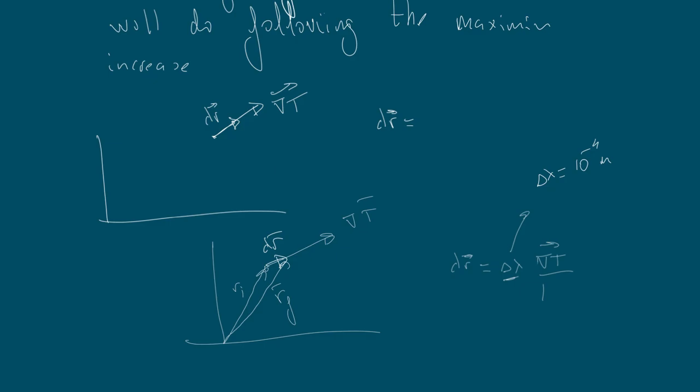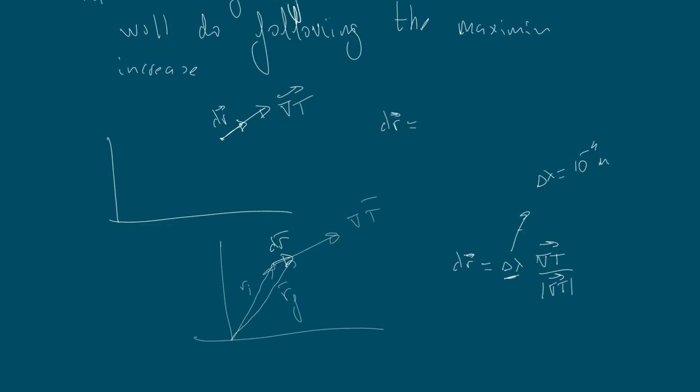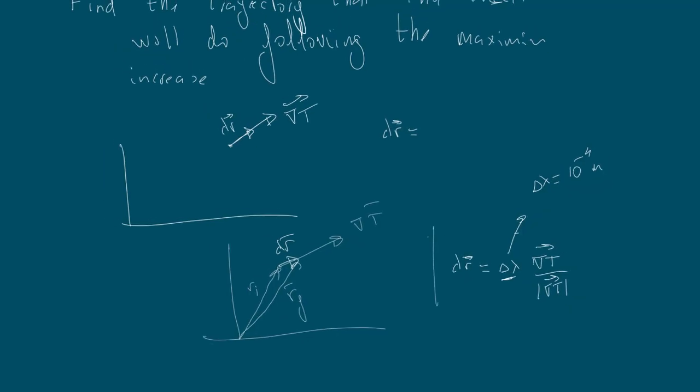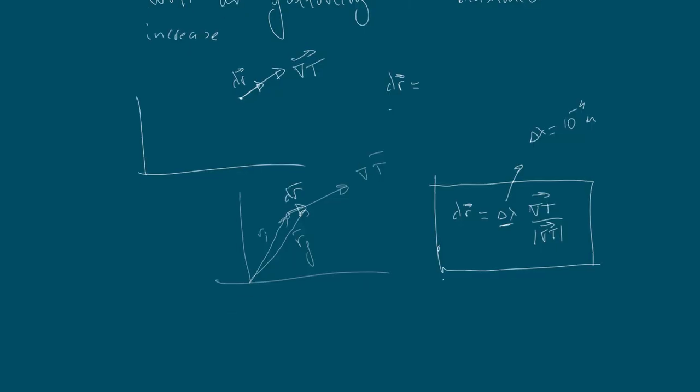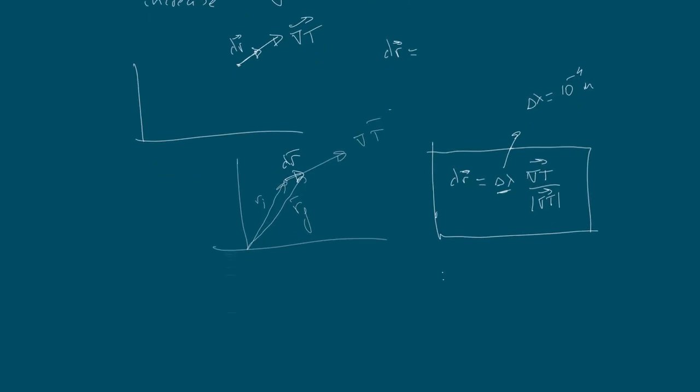So dR will be parallel to the gradient of T, but indeed is parallel to the direction of the gradient of T, and the direction of the gradient of T is obtained by dividing by the magnitude of the gradient of T. So this is the equation that we use to find the trajectory in a simulation, in a numerical way.